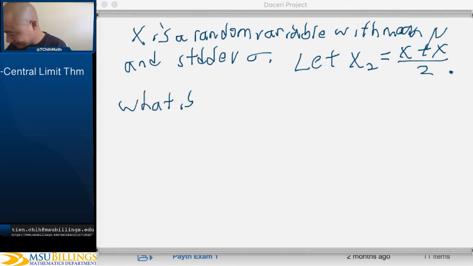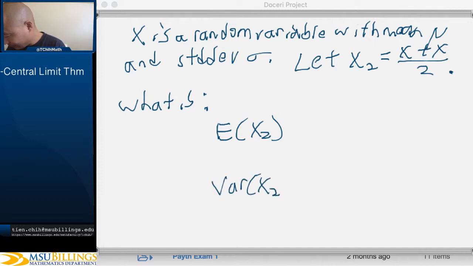What is E of x2, and what is the variance of x2? Those are going to be the questions that we're asking ourselves for now. So let's take a step back and take a look at what's written here.